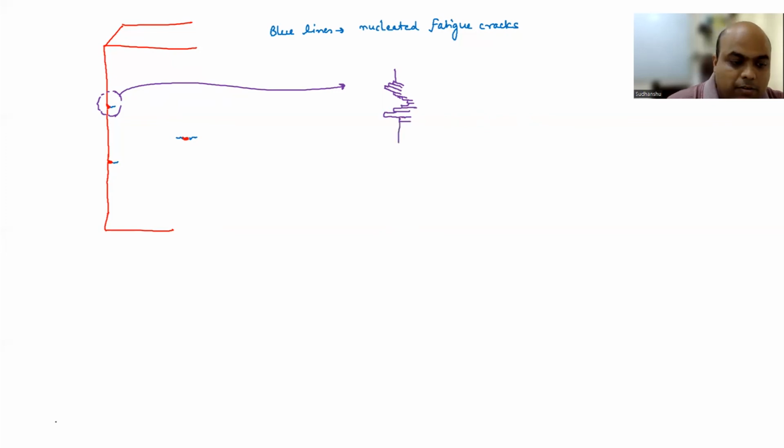Okay, so these are your intrusions and extrusions, right? And persistent slip bands are there, and you are generating a crack. So let me use the same color blue. So this is your crack, fatigue crack. Okay. So I'm just showing you the magnified version. Okay, so the crack is nucleating from the intrusion.